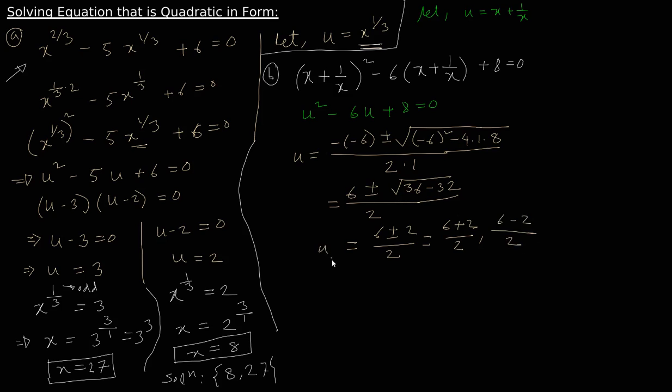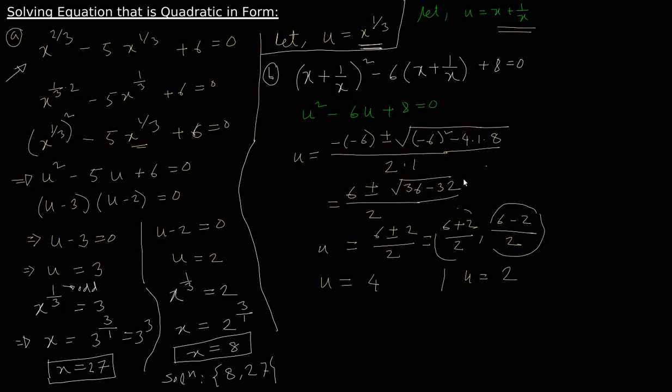So I get 6 plus 2 over 2 or 6 minus 2 over 2. So that is my u. So how many u do I get? I get u equals 6 plus 2 over 2, so 8 over 2 is 4. And another one, u equals 6 minus 2 over 2, so 4 over 2 is equal to 2. Okay, so what is my u? Let's back substitute.